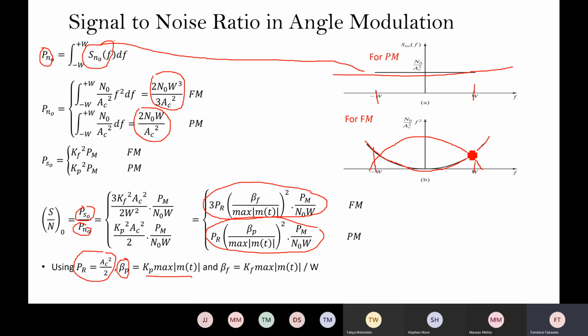And what you find is that by doing that, you reduce the noise, or you end up with a noise that is also flat. Because essentially, you would have done the inverse at the receiver. Sorry, this is what you do at the receiver.